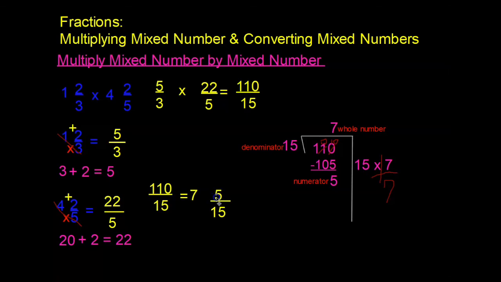Now we have to see if this is in simplest form. It is not in simplest form, so I need to divide. I'm going to divide the numerator and the denominator by the same number, and that's going to be 5. And when we do that, now we're going to have 7 1/3. 7 1/3 is our final answer for this problem.